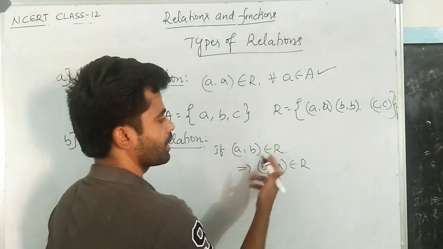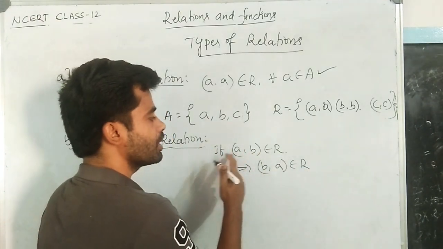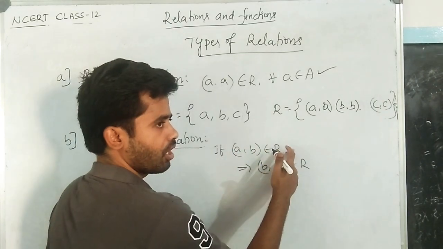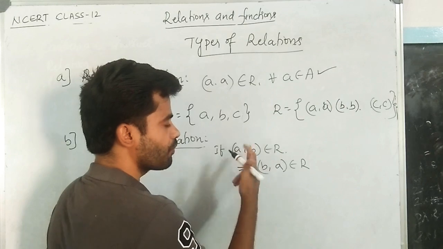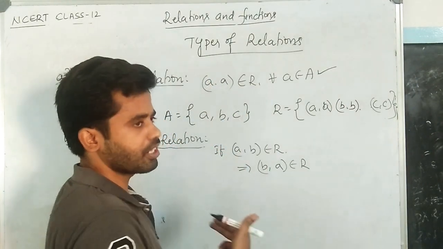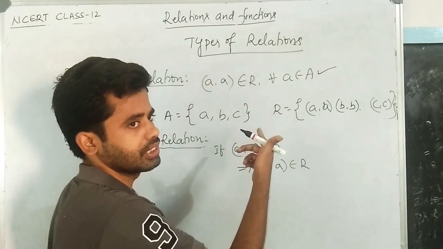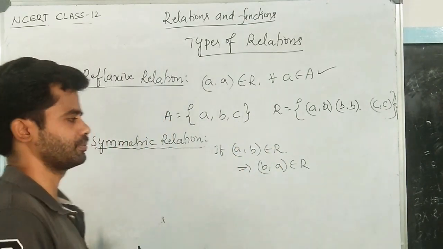If the reverse of that ordered pair is also in the relation, then only it is symmetric. We should select one ordered pair in R, and if its reverse is in R, then only it is a symmetric relation.